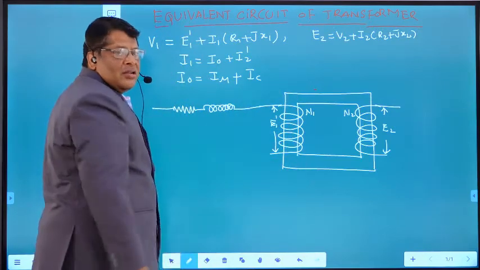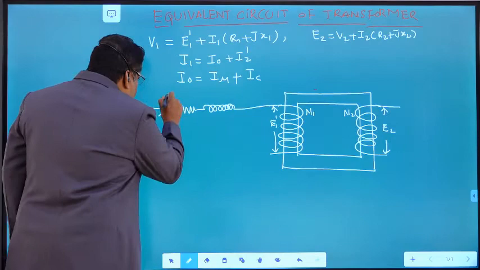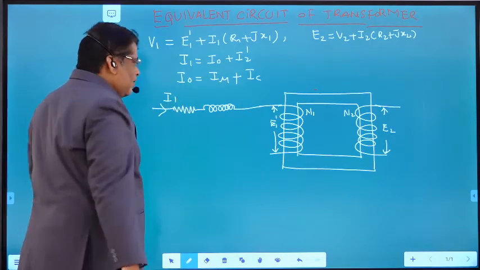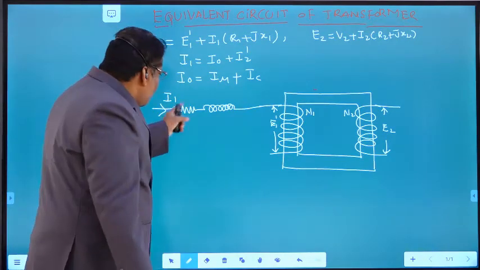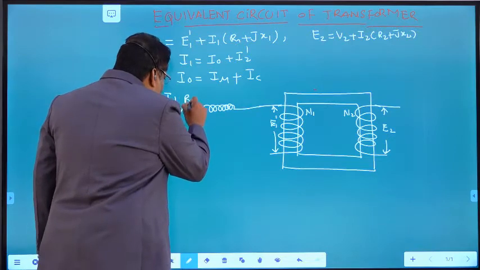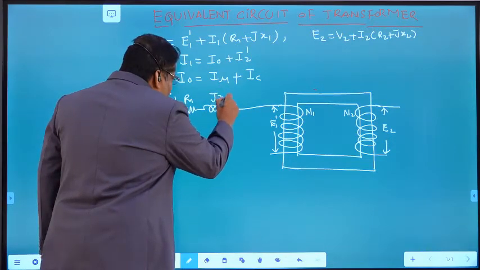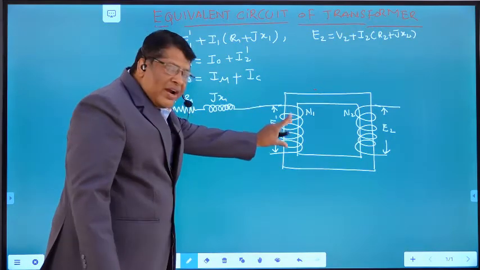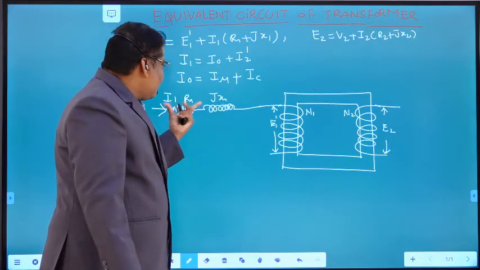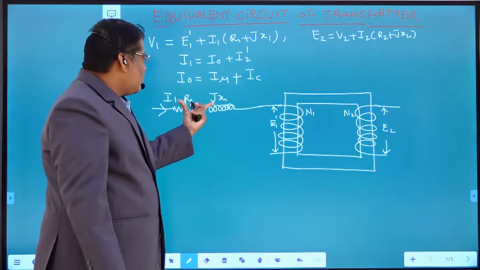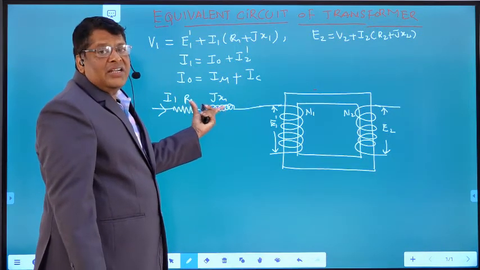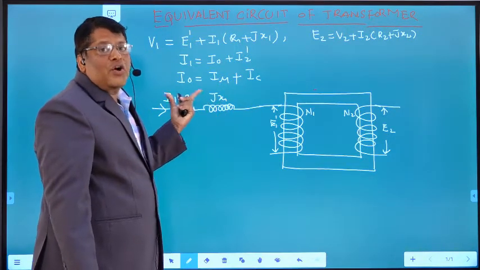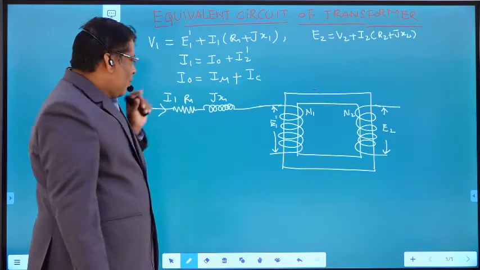The current carried by the primary winding is I1. These two properties, R1 and jX1, the resistance and reactance of this winding, we represent with two elements: one is a resistor, another one is the leakage reactance jX1, where j is the operator.